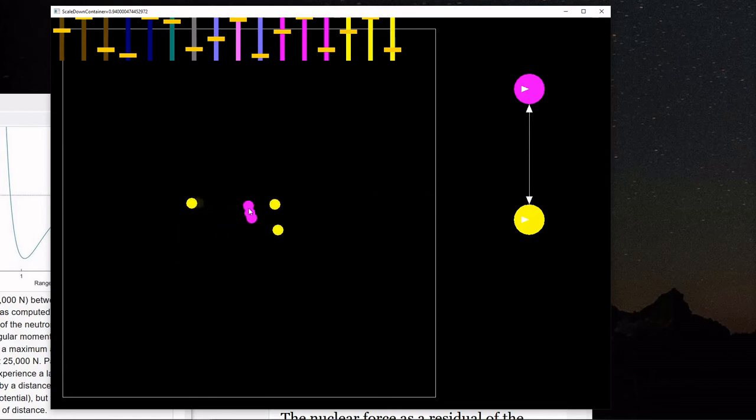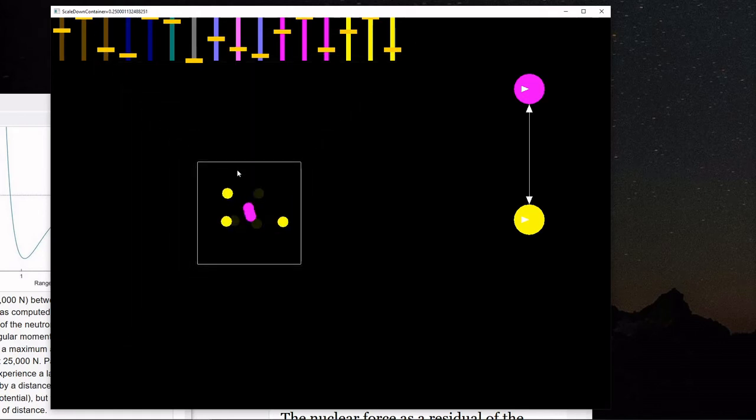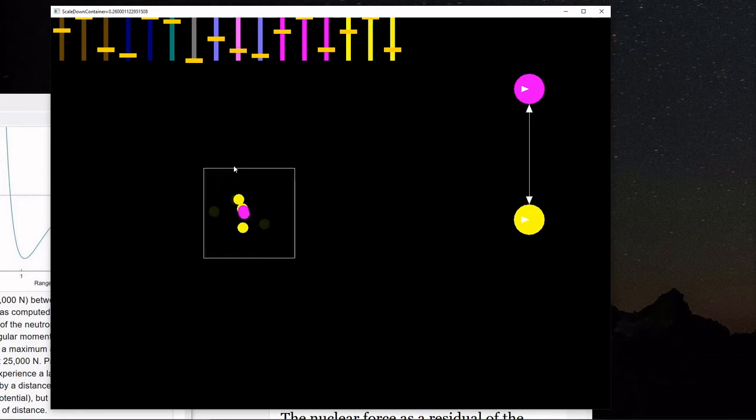Wish I could pull one of these protons, just pull it up and see how these guys would wobble. Just trying to get it to do something.